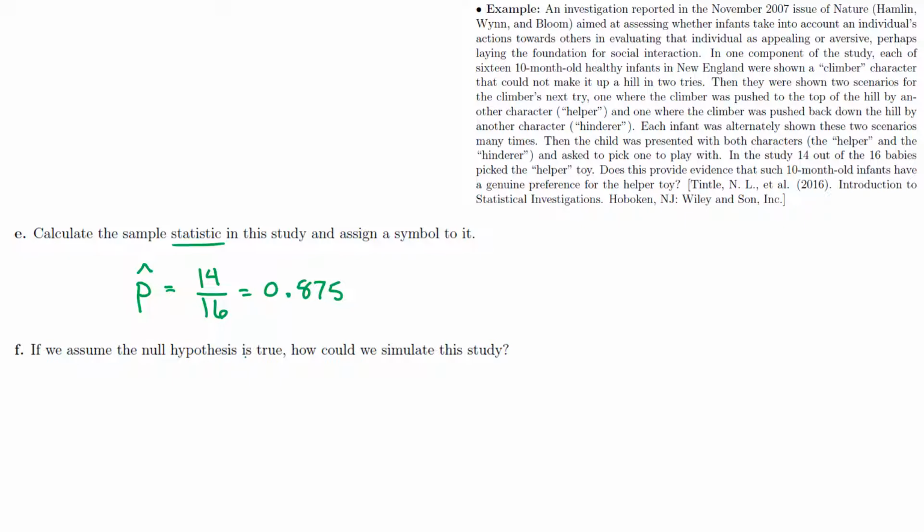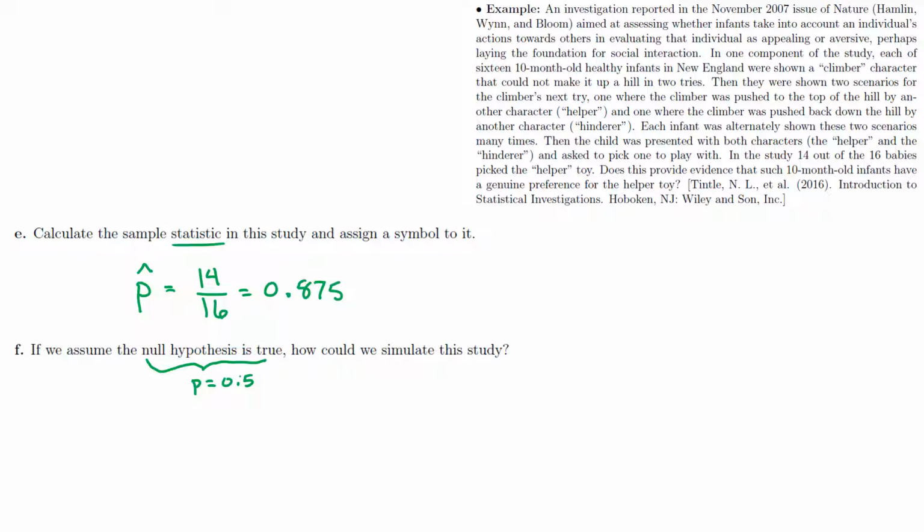It says, if we assume the null hypothesis is true, how could we simulate this study? What do I mean by that? How could we just use everyday objects to simulate what it's like to present each 10-month-old infant with the choice of a helper or hinderer? Well, if the null hypothesis is true, then we're assuming that the percentage is 50%.